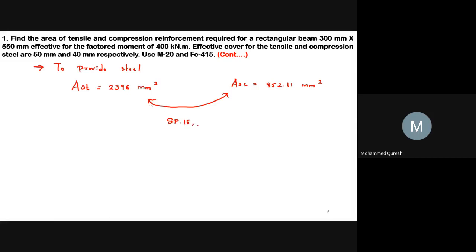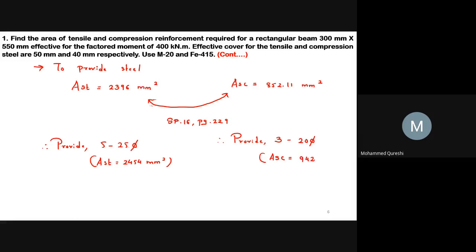SP 16 page number 229, and from this page we will provide 5 numbers of 25 diameter bar having total AST as 2454 mm square, and for compression reinforcement we will provide 3 numbers of 20 dia bars giving total ASC as 942 mm square.